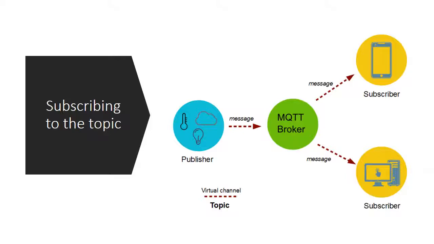It can sit anywhere that supports a Node-RED system, and you can just subscribe to that by pointing the subscriber to the MQTT broker and the topic, and it's as simple as that.